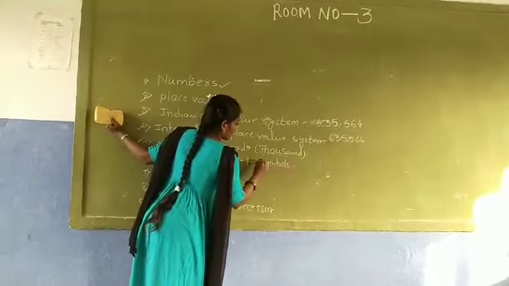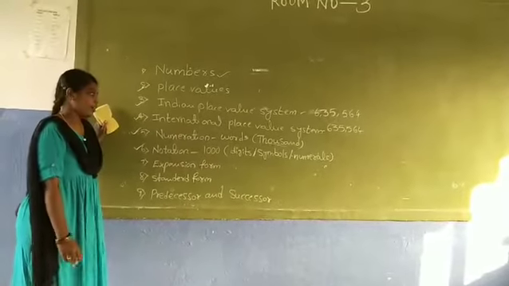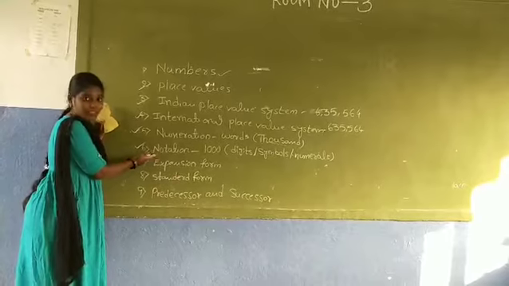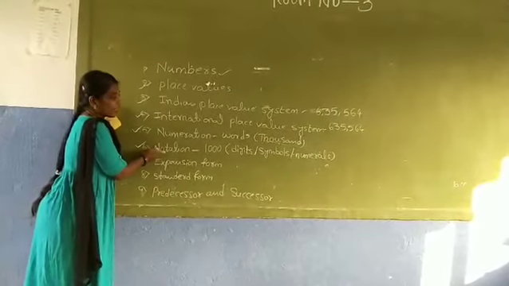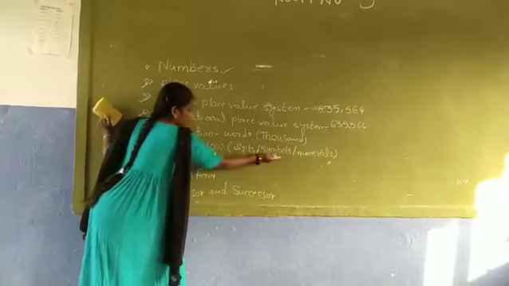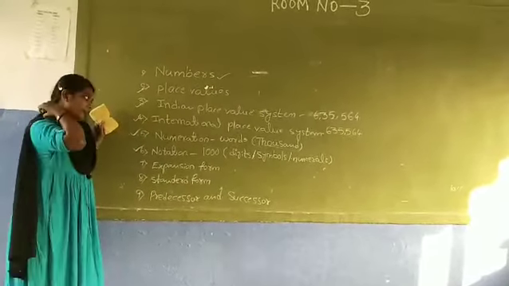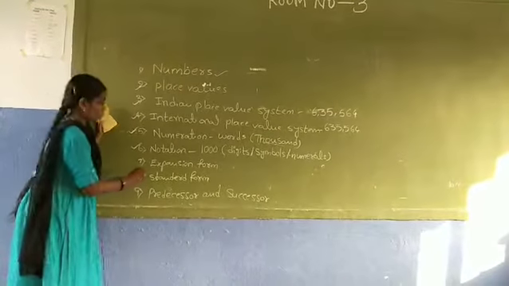What is numeration? Numeration means writing a number in words form. Both are the same type of idea, written in different forms.